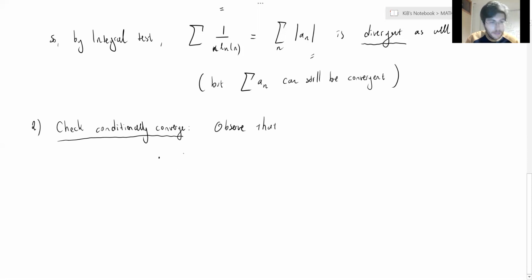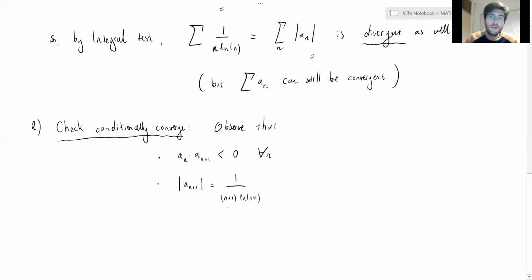If you look carefully, this series is alternating, right? On the other hand, the absolute value of a_{n+1} is just 1 over (n+1) times logarithm of (n+1).